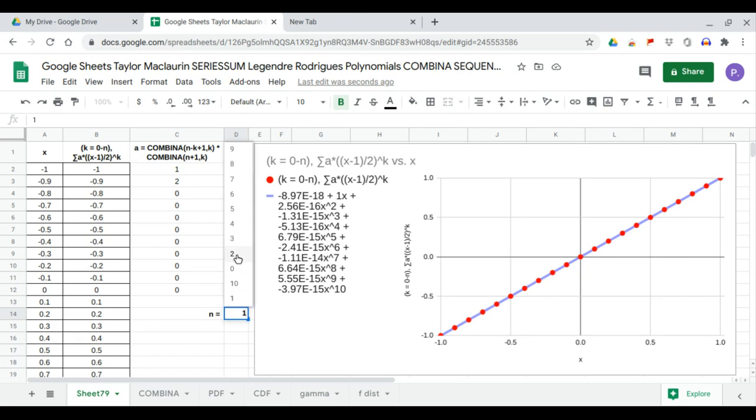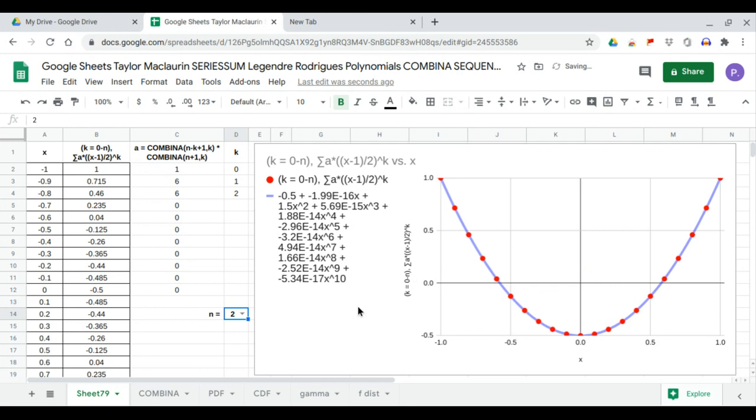If n equals 2, then y equals negative 0.5 plus 1.5x squared. All these are 0 because they're very small, times 10 to the minus 16. So 5.69 times 10 to the minus 15, that's very, very small. So they're 0.